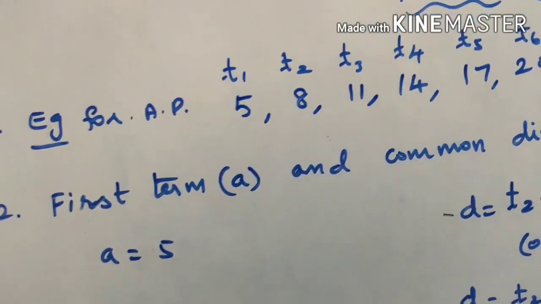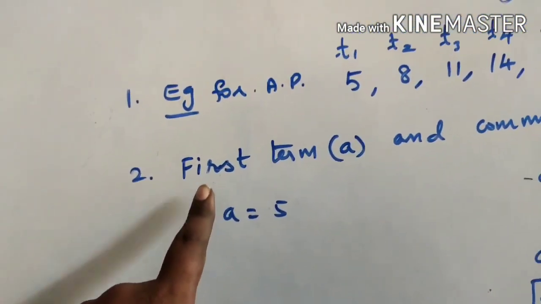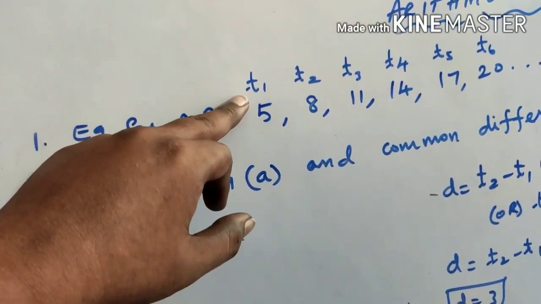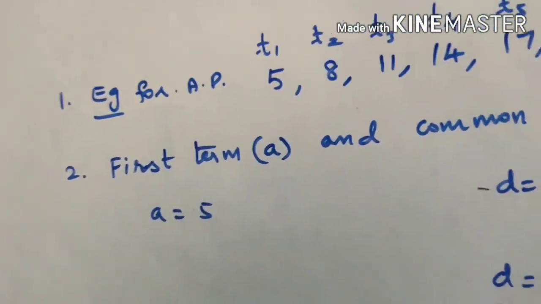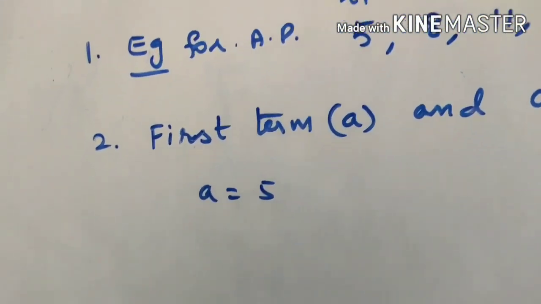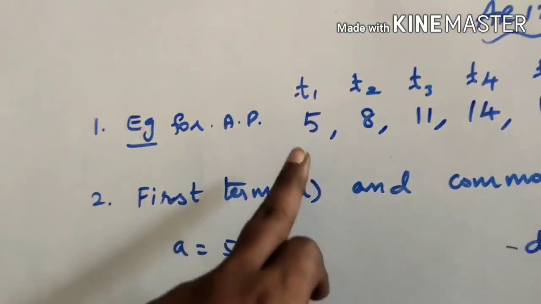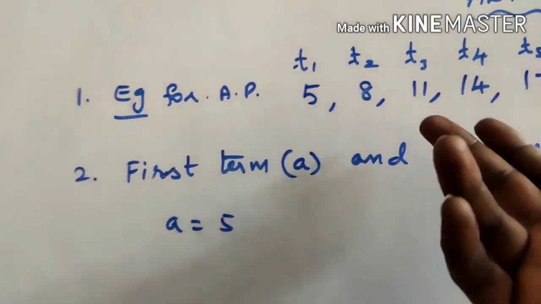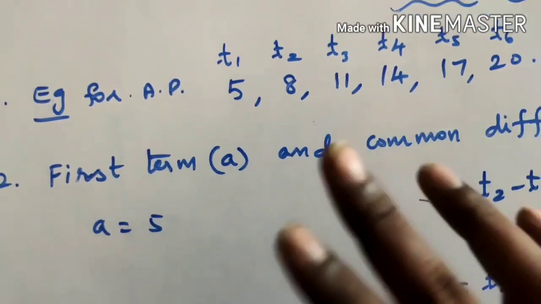Okay, next see here, this first term is called A. T1, yes, of course it is called T1, and otherwise we can mention it as just simply A. Okay, the letter for T1 is A. Like that you can't say that this is B, C, D, not like that.